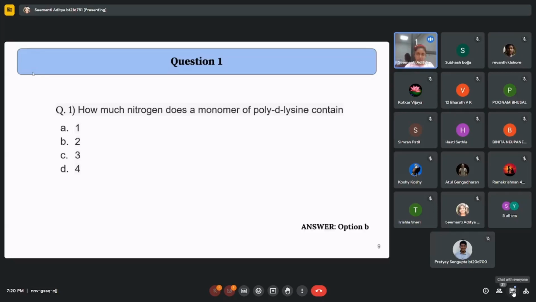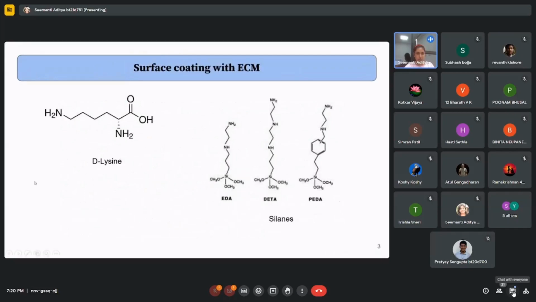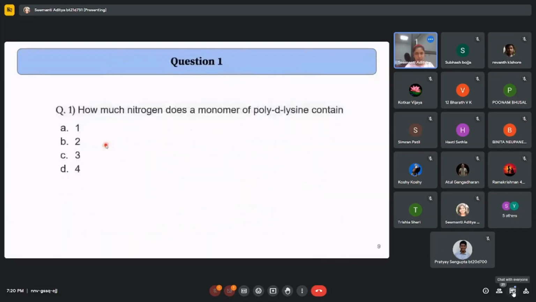It has two nitrogens, because we already have one nitrogen in the backbone, like NH2, and the side chain also has another nitrogen, like we had already shown. So basically we have NH2 here and also NH2 here, so 2 nitrogens in 1 molecule of lysine. So 1 monomer of polylysine has 2 nitrogens; option 2 is correct.